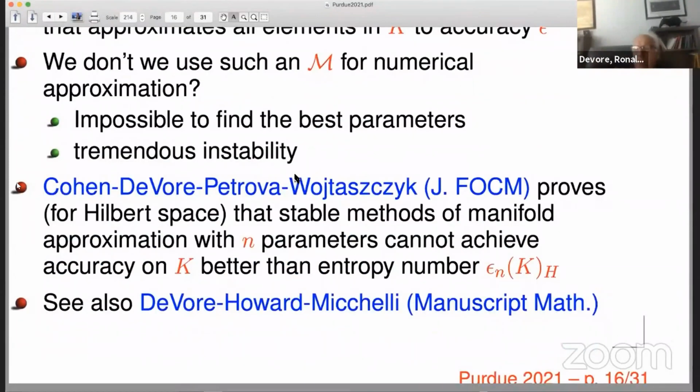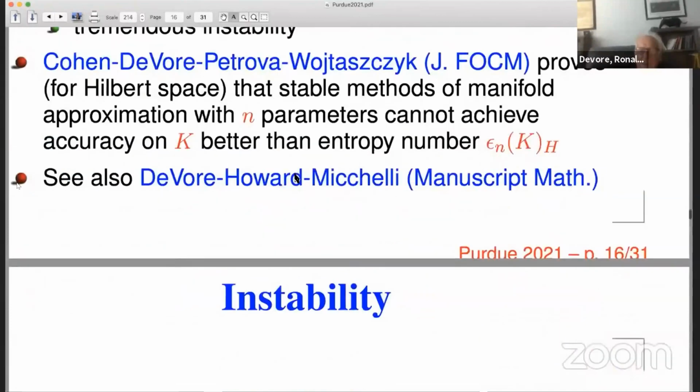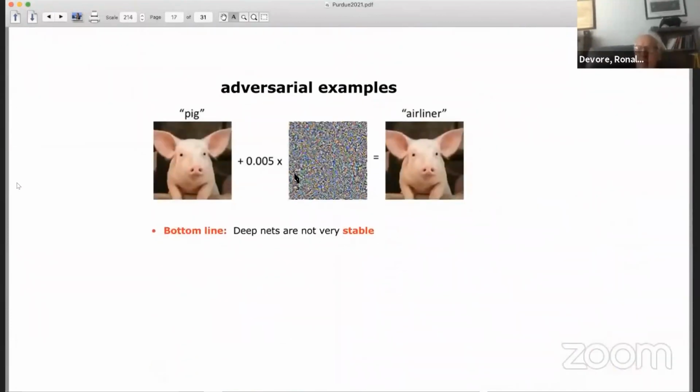Neural nets are opening the door for instability. We, in fact, know this classical example of instability: you train a network for a classification problem of identifying what objects are in an image, and part of the training is this image, which is correctly classified as a pig, and then you subject it to a little bit of noise.